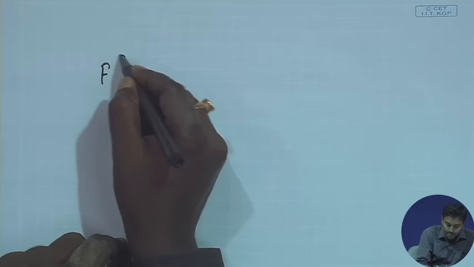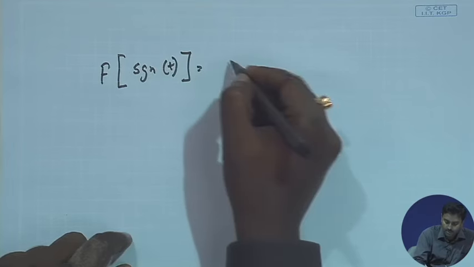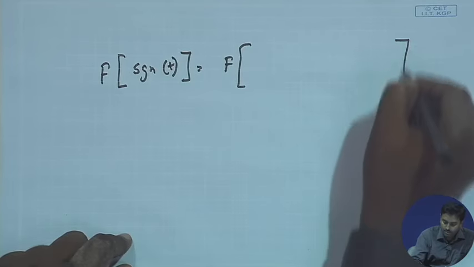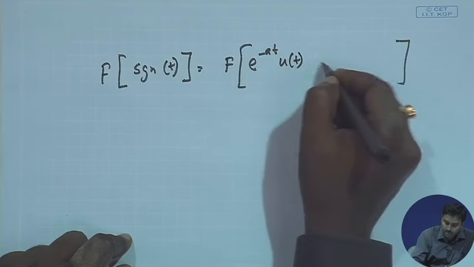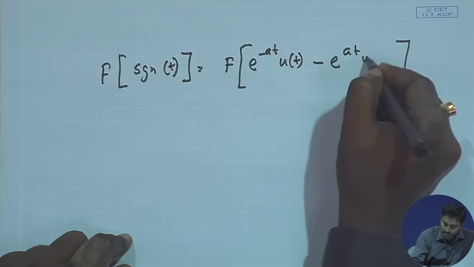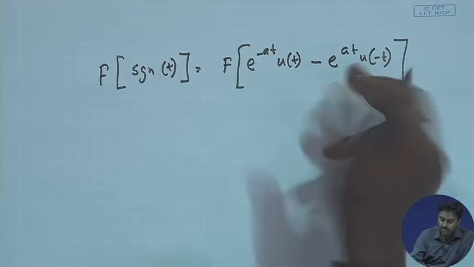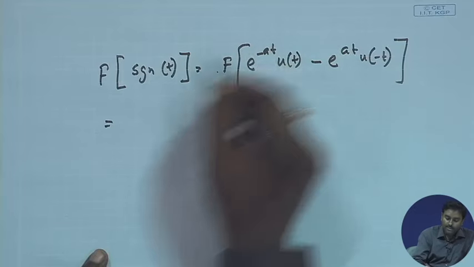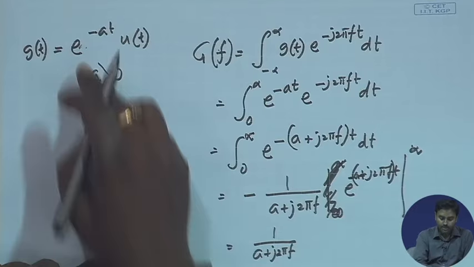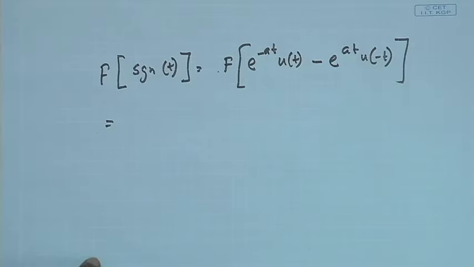So, the Fourier transform of signum t must be the Fourier transform of e to the power minus a t u t minus e to the power a t u minus t. So, this is our Fourier transform. Now, the Fourier transform of e to the power minus a t u t, that we have already derived. Okay, e to the power minus a t u t is 1 by a plus j 2 pi f.